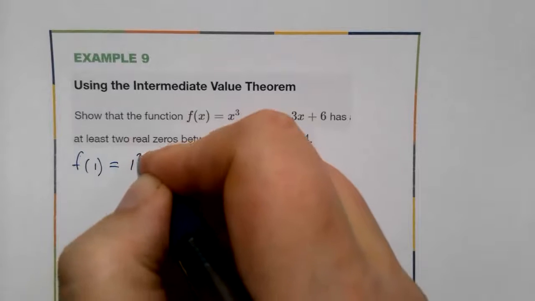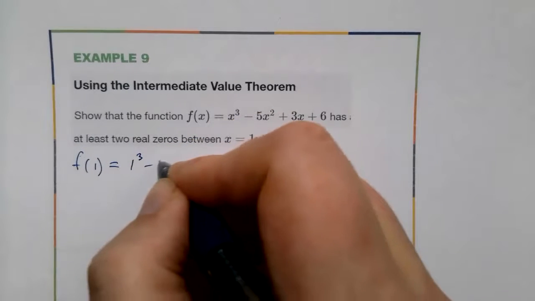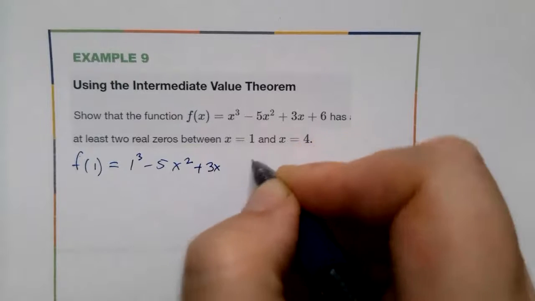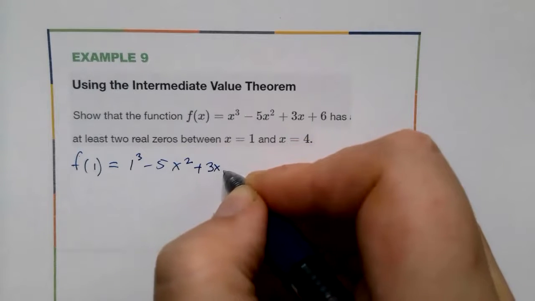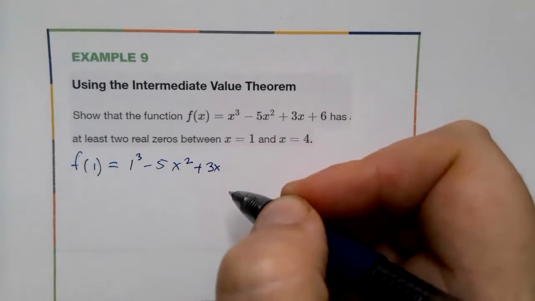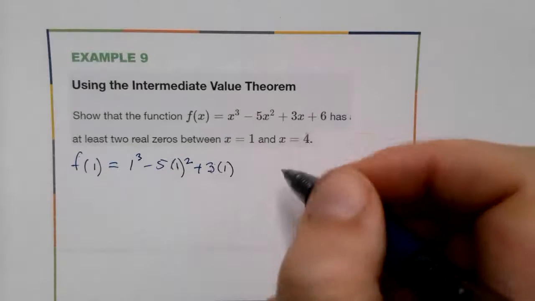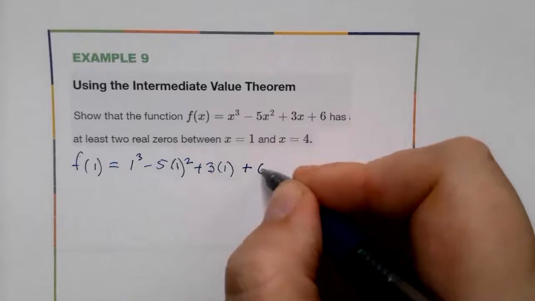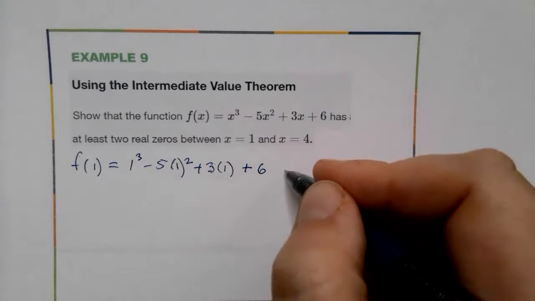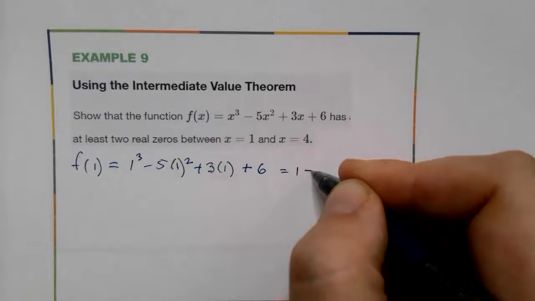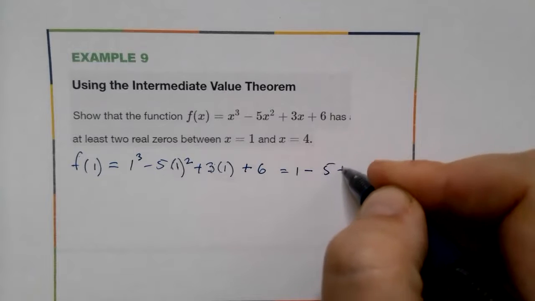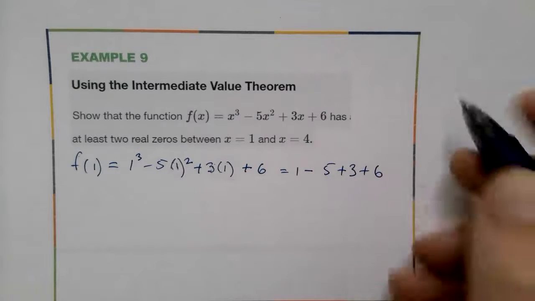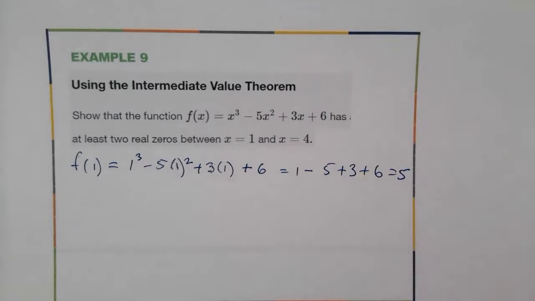So at 1 we have 1 cubed minus 5 times 1 squared plus 3 times 1 plus 6. So we are substituting ones in for x's. So what do we have? We have 1 minus 5 plus 3 plus 6. That's 9. 10 minus 5 is going to give me positive 5.